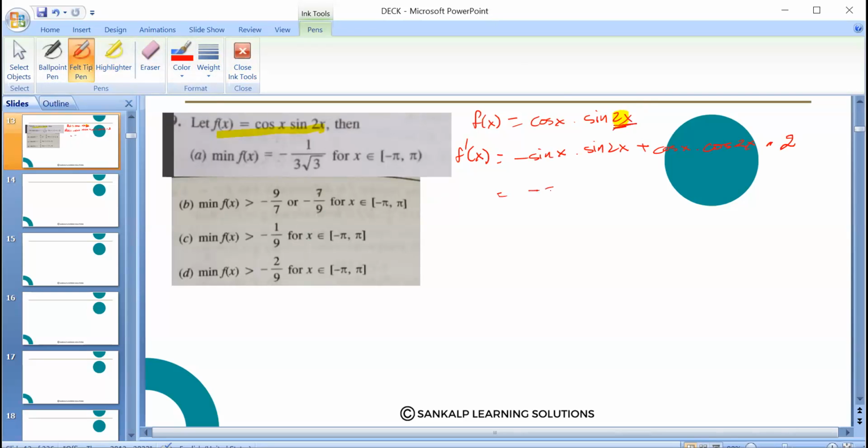That means we have minus sin x, sin 2x is 2 sin x cos x, plus 2 cos x cos 2x, and cos 2x is 2 cos square x minus 1.